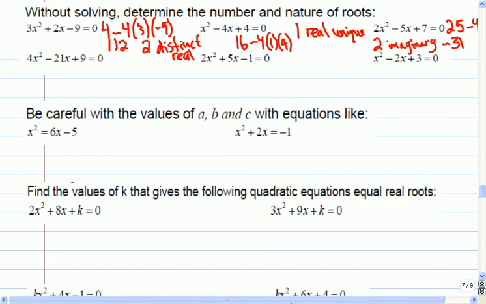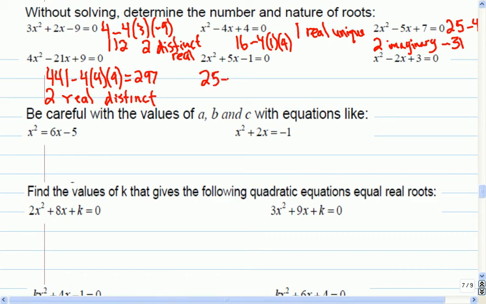Over here, 21 squared will be 441 minus 4 times 4 times 9, which is 297. So the number is still positive. It means I'm going to have 2 real and distinct roots. 25 minus 4 times 2 times negative 1, that's 33. So again, I would have 2 real and distinct roots.